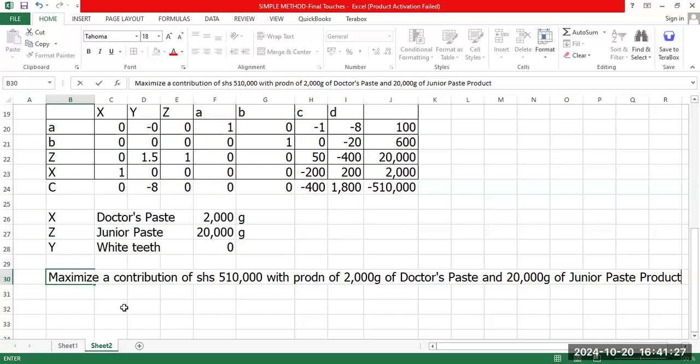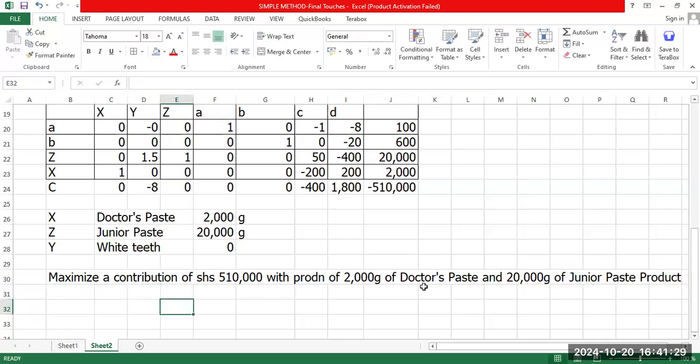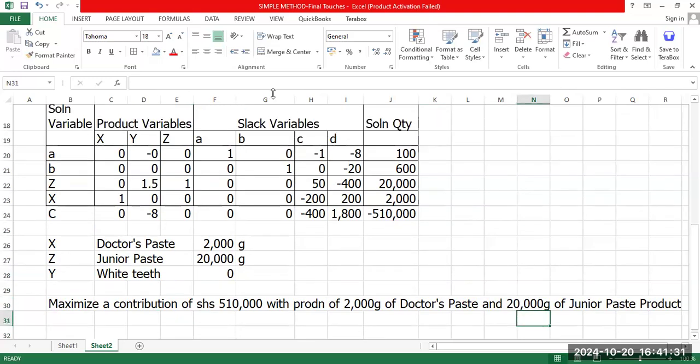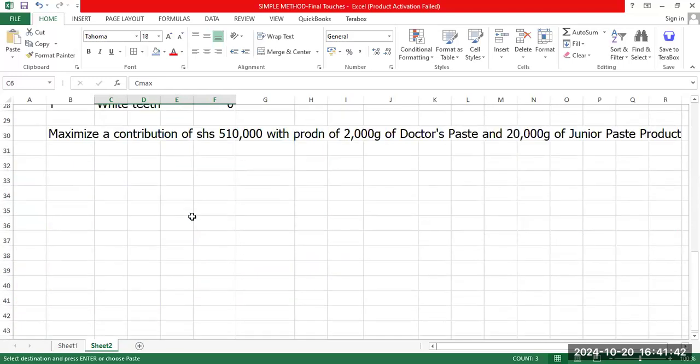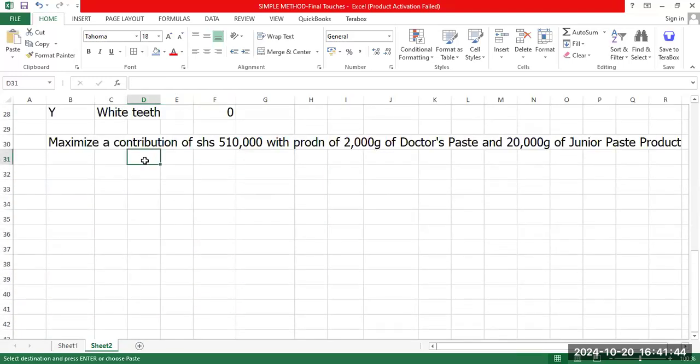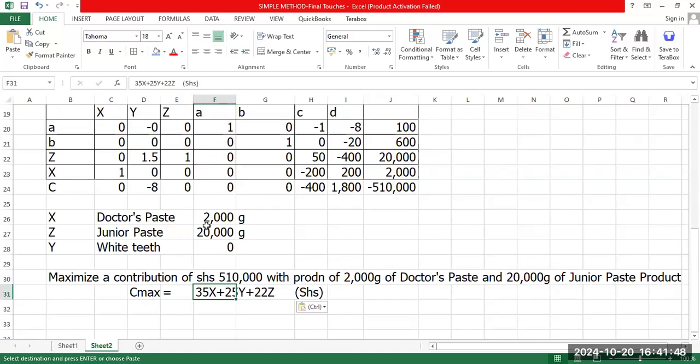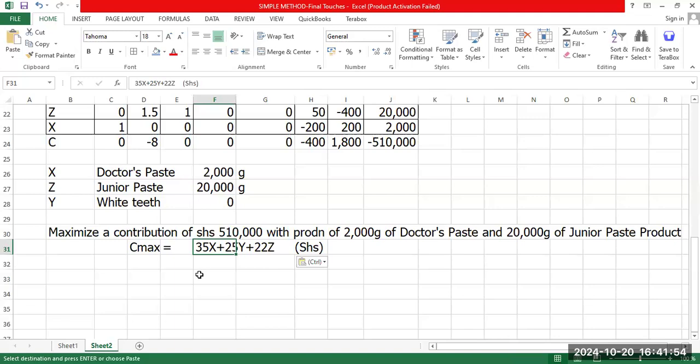And if you want to prove, you will prove by putting these values. You will copy your objective function, where there is X. Let's first see whether my simplex final table is right. Where there is X, put 2,000, where there is Y, put 0, where there is Z, put 20,000. Do you get this?